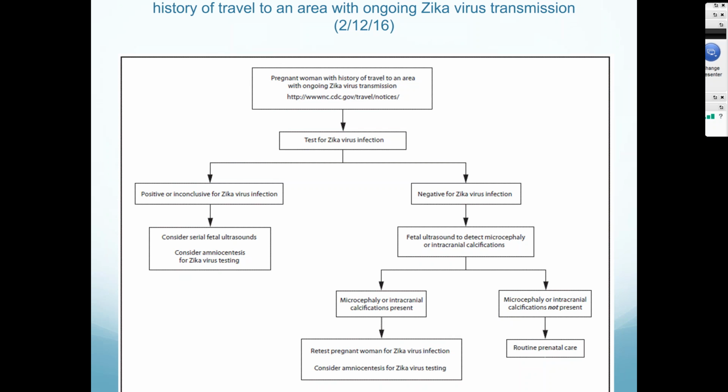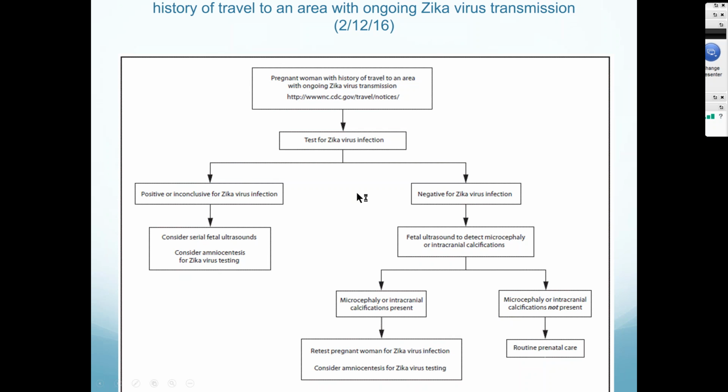And if that's the case, if we start studying that by PCR techniques, if it's positive or inconclusive for virus infection, you should consider, obviously, fetal ultrasounds to make the diagnosis, and even consider an amniocentesis to identify and isolate the virus from the amniotic fluid.